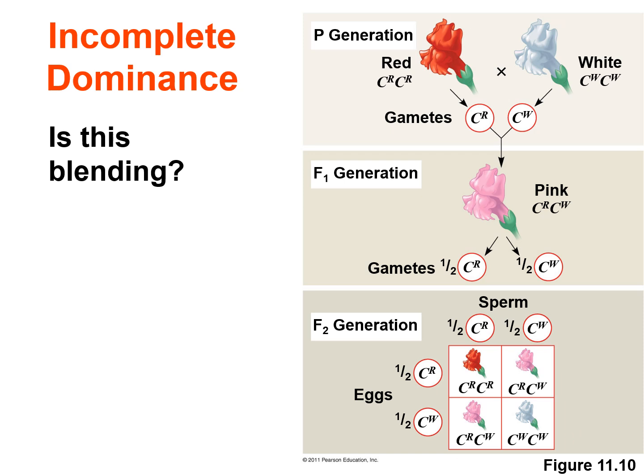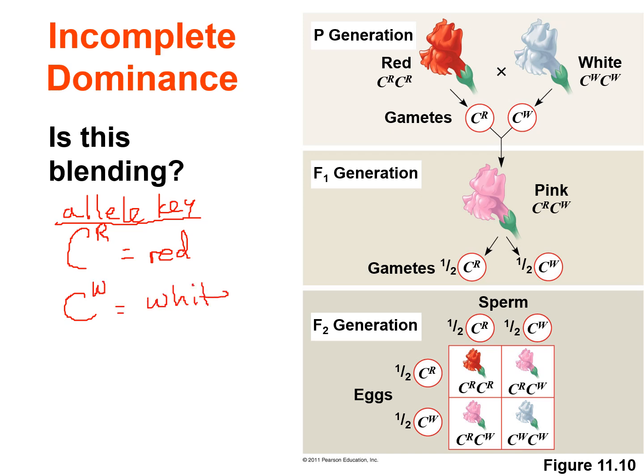And you can see how we're writing the alleles a little bit differently. Sometimes with incomplete dominance, we can write them using an allele key. We would have our flower color gene, and the red allele would be designated by one letter, and then the white allele would be designated by another.